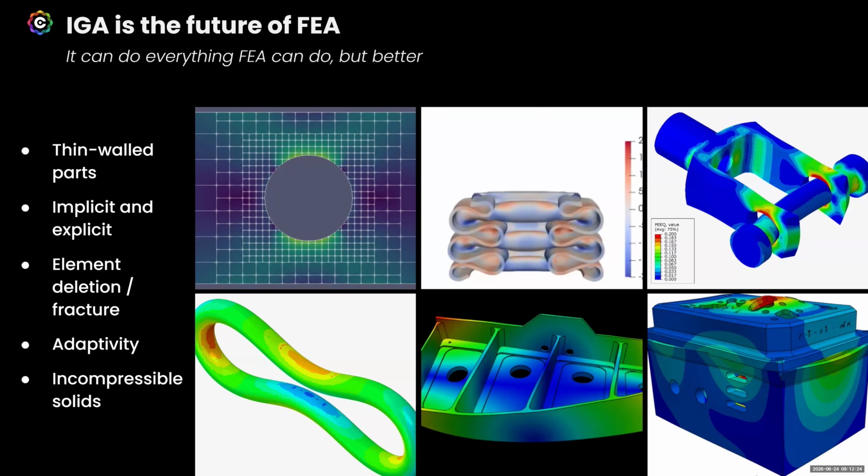Included are local refinement and adaptivity, element deletion and fracture, explicit dynamics as well as implicit static and dynamic. There's really anything you can do in traditional FEA, you can do in IGA, because IGA is a finite element method. And so it's just a matter of implementation.